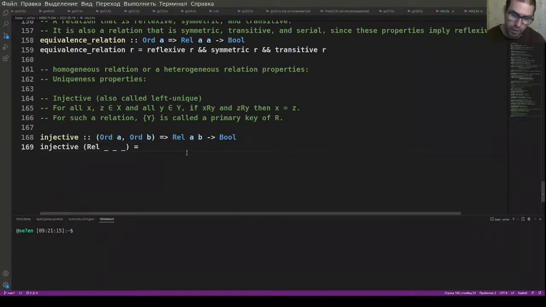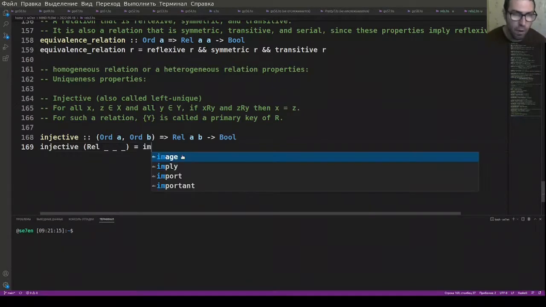I take every element of the image of my relation, and for every element of this image I check how many related x's it has, and it must have no more than one corresponding x. Okay, let's write this in code.